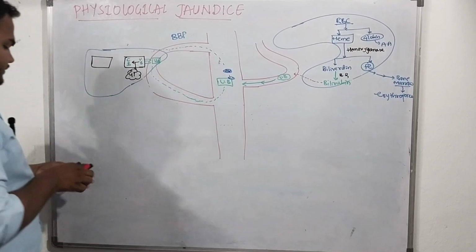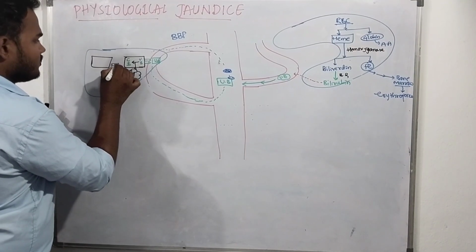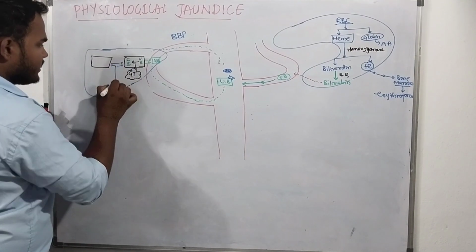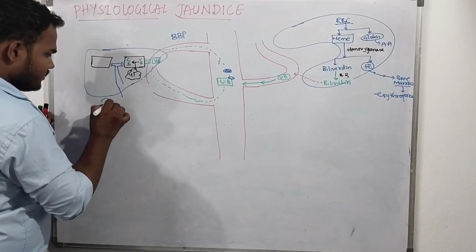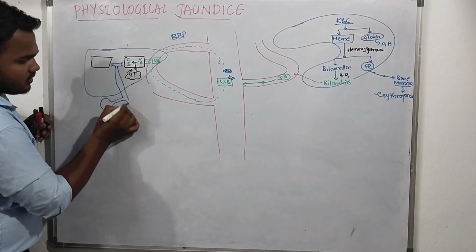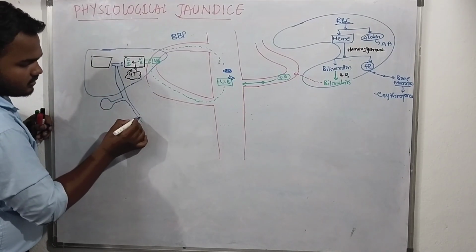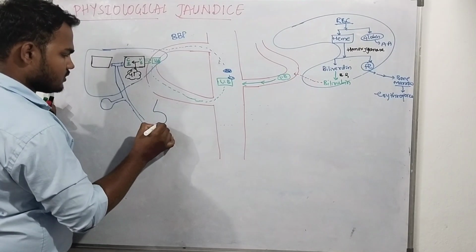Now let me go here. The right and left hepatic ducts combine with the cystic duct and form the common bile duct, and from the common bile duct, let me draw the stomach.